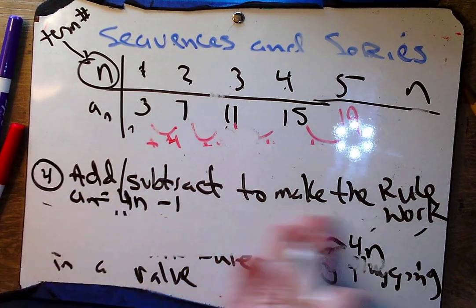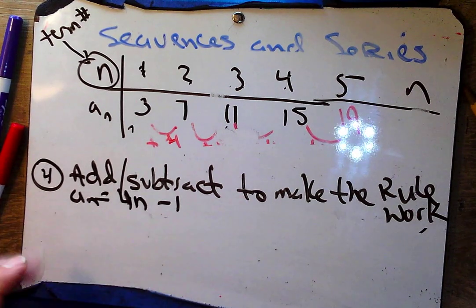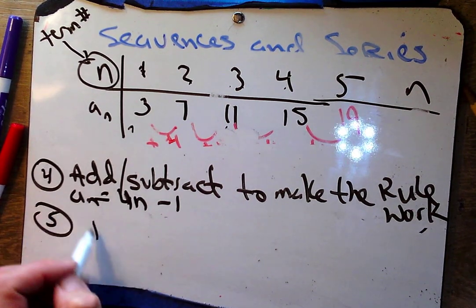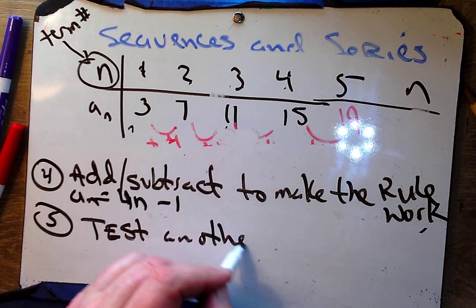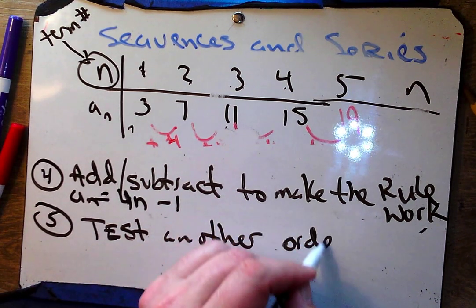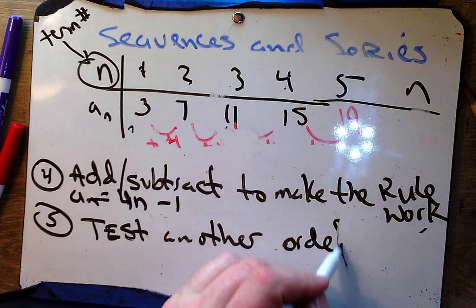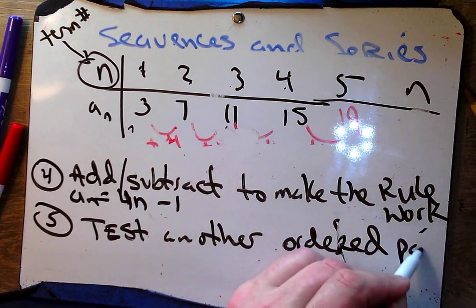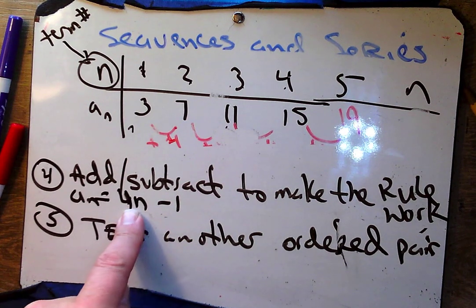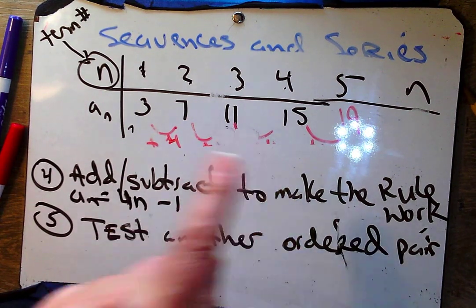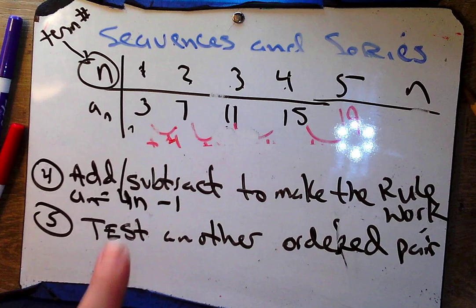And I think for the 5th step, the last step, test another ordered pair. So before we plugged in a 3 to get out 11, and 3 times 4 is 12 minus 1 is 11. But we want to make sure that this rule works with any of these pairs.